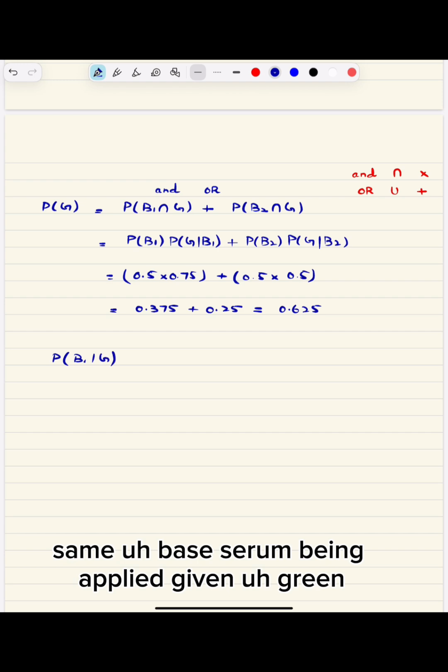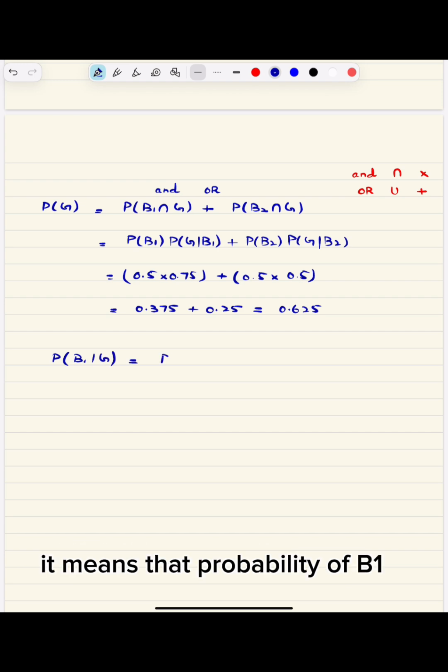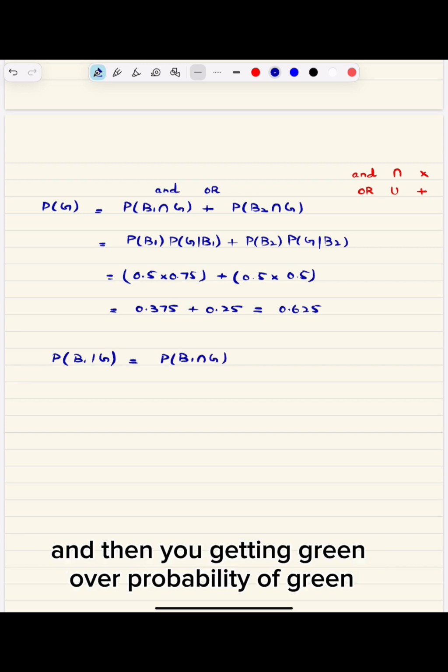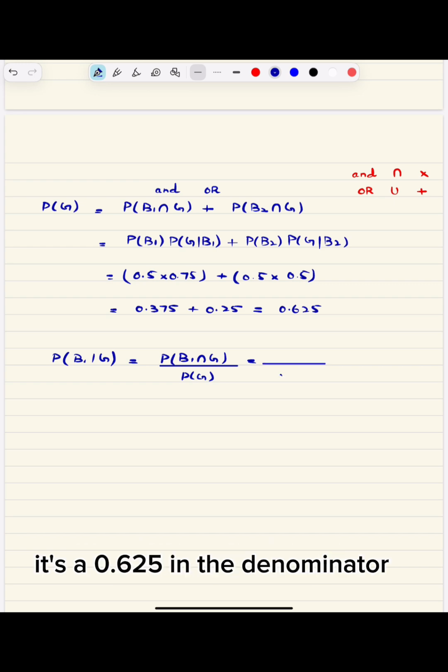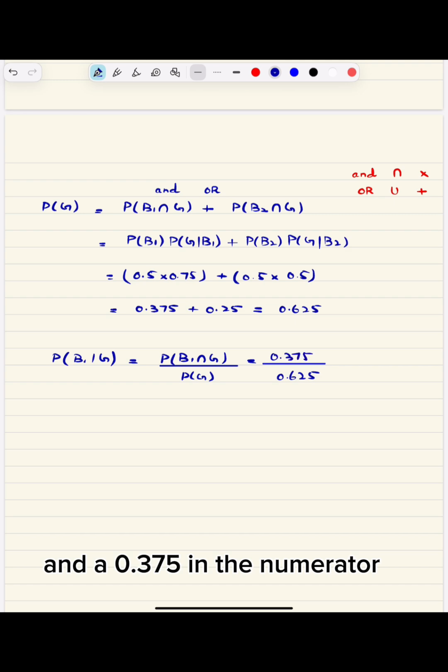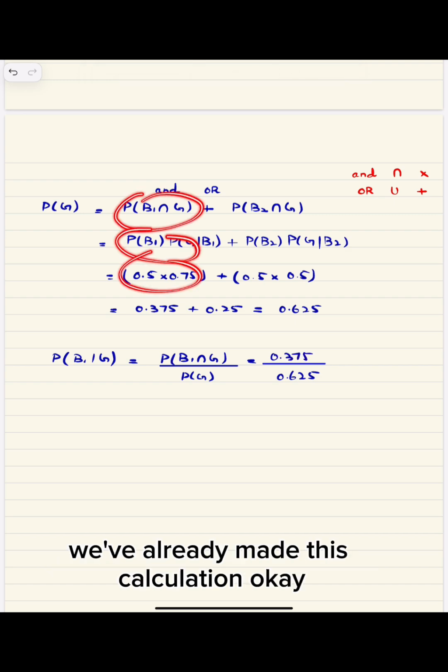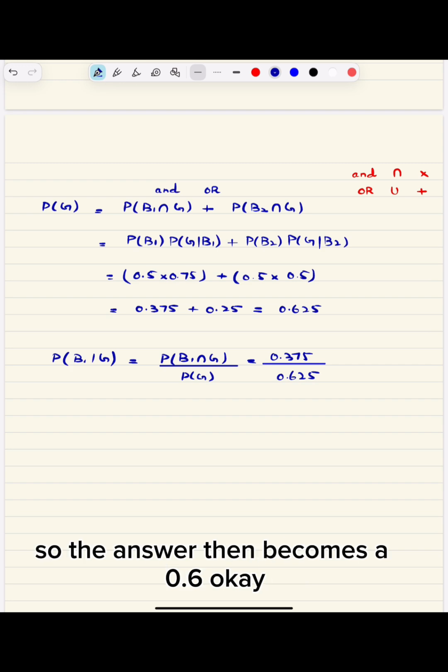Given green, it means that probability of B1 and then you getting green, over probability of green. We have already calculated these. It's 0.625 in the denominator and 0.375 in the numerator. We've already made this calculation. Okay, so the answer then becomes 0.6.